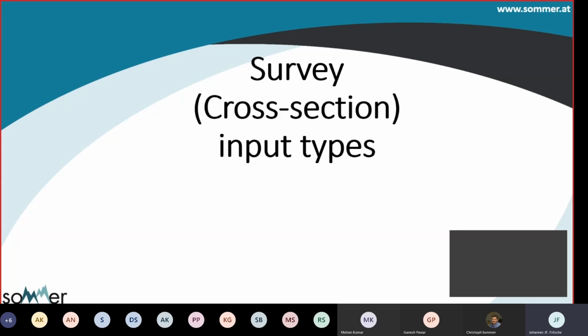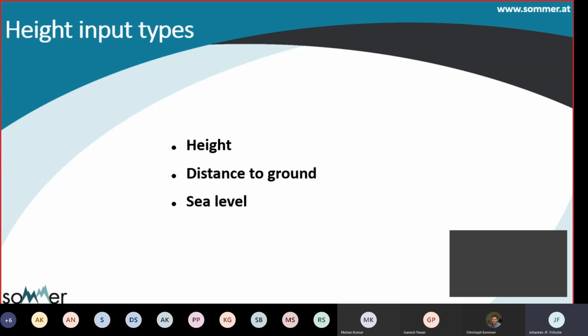So we are just starting with the different types of inputs that we can use with the RQ system and the supplied software. This is a very important part when you start to record a cross-section of a river or a channel, because you have 3 different methods of measuring the cross-sectional profile of your river.